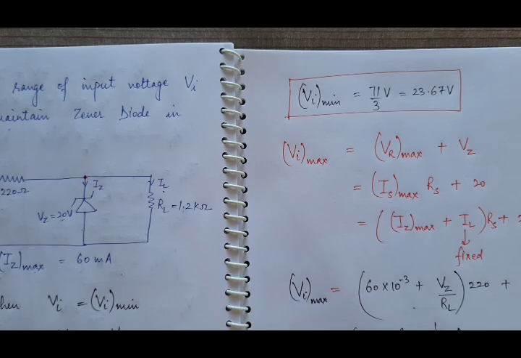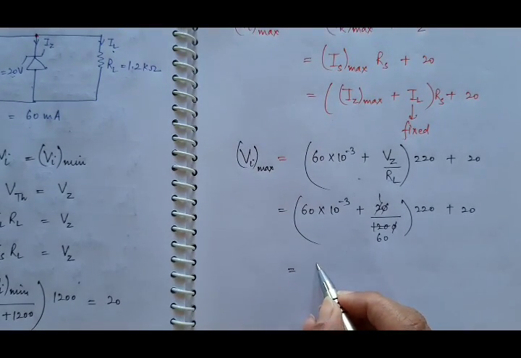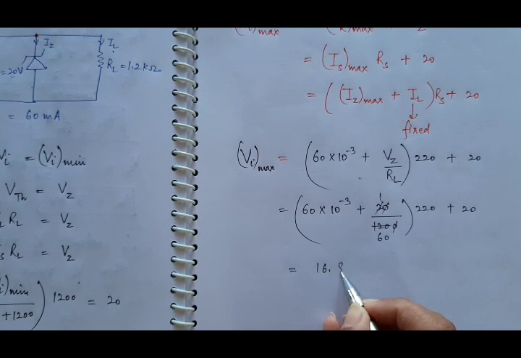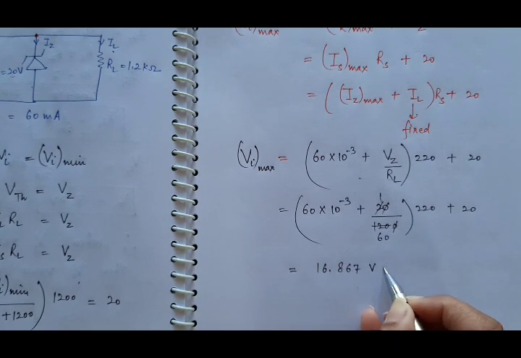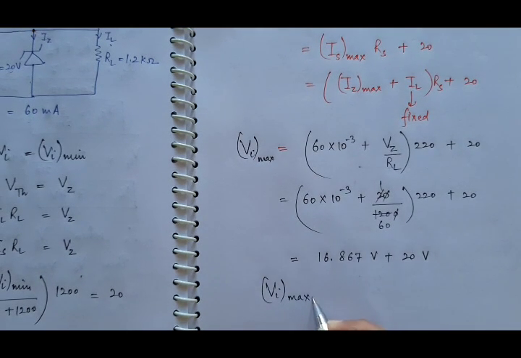After solving this, you will have 16.867 volts plus 20 volts. So Vi max is 36.867 volts.